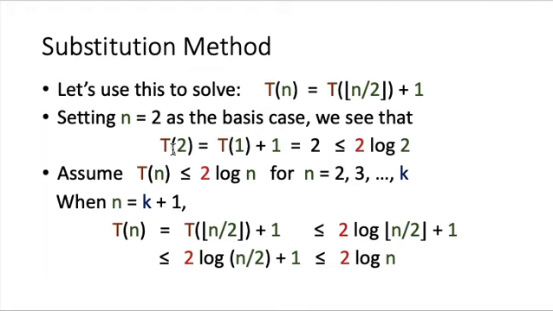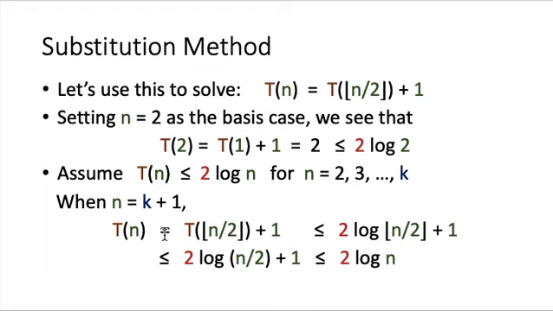So this is the basis step for the guess, and now we assume that T of n actually follows the guess, less than or equal to 2 times log of n in general. We assume that this is correct for n equal to 2, 3, 4, up to a value of k. We want to show that based on this assumption, it will also work for larger values of n. So for n equal to k plus 1, we see that T of n is equal to T of n over 2 plus 1. So this is just a copy.